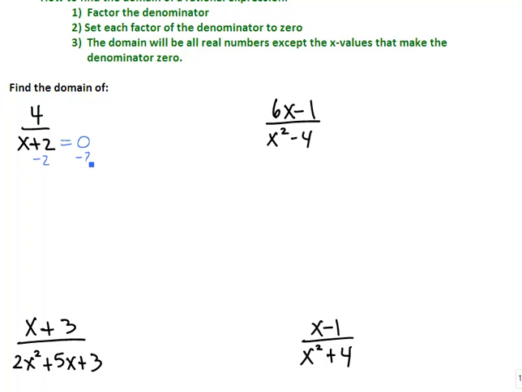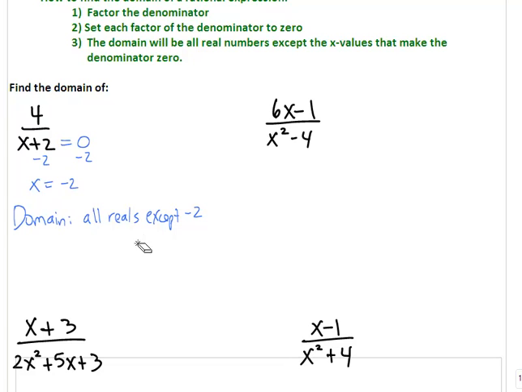So if I subtract 2, then when x is negative 2, if I were to plug that back into the original fraction, we're going to get something that's undefined. So what we say is that our domain is all real numbers except negative 2.